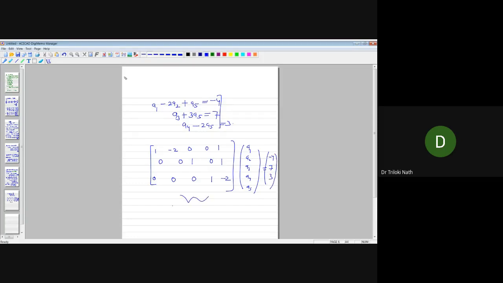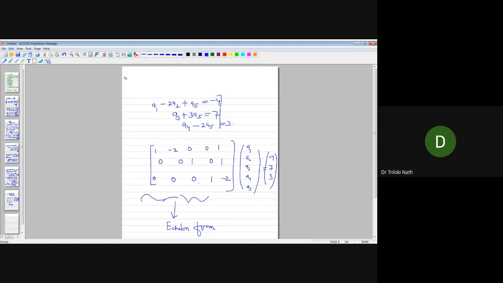Actually, this matrix is called echelon form. You will study, or already you might have studied, echelon form in matrix theory. So what do you see? The first row starts with entry 1, right? And down everywhere 0. The second starts with 1, but down everywhere 0.